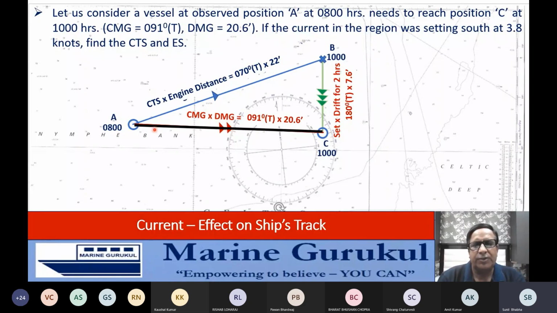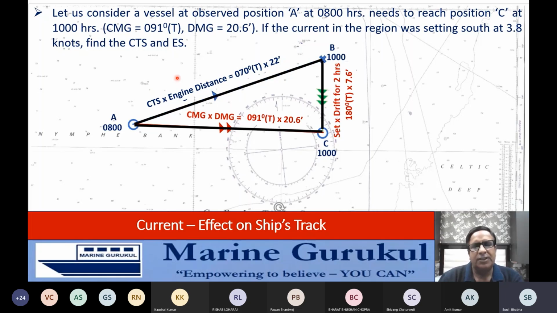So if we have to reproduce this triangle, I'll have to draw the current north of C. Though the set given in the question is south, if we have to draw the current at C, we draw it in the opposite direction, highlighted by this black line now, and represented by 3 arrows pointing southwards as before. So now this is the CMG DMG vector. This is the current vector. Each of them is for 2 hours. Obviously, then the A to B vector would be the CTS and engine distance vector.